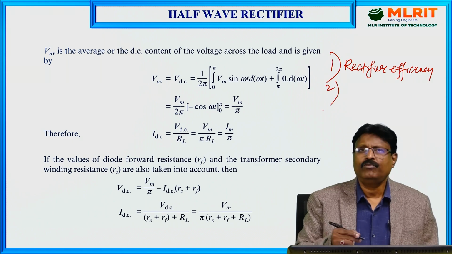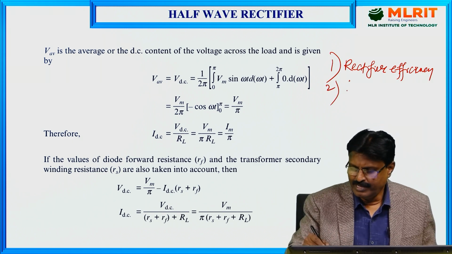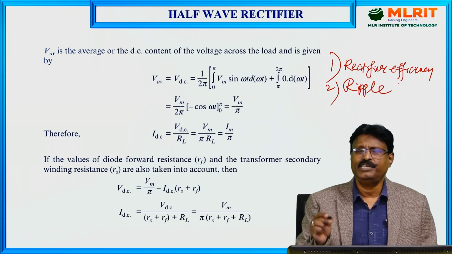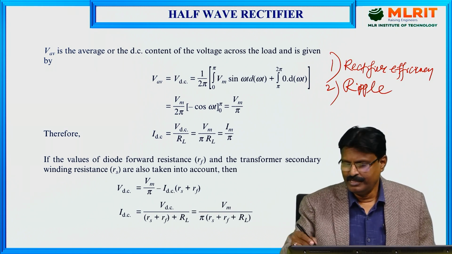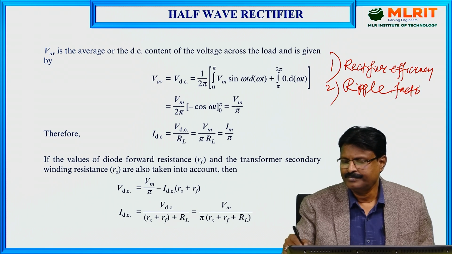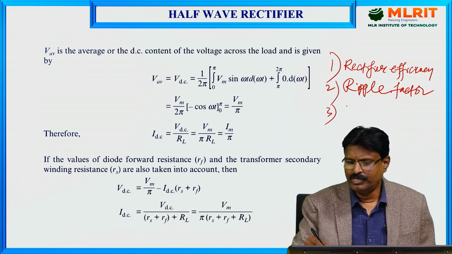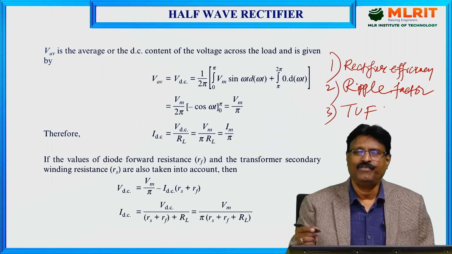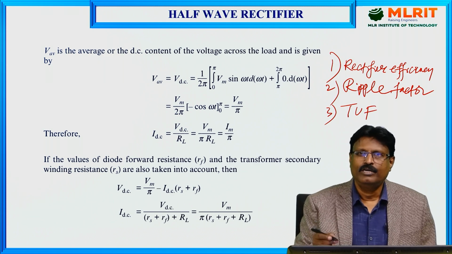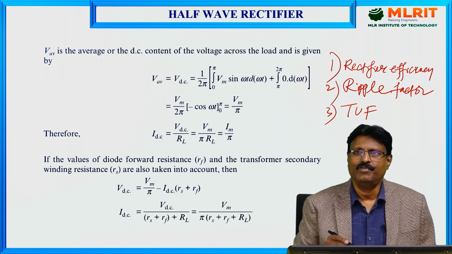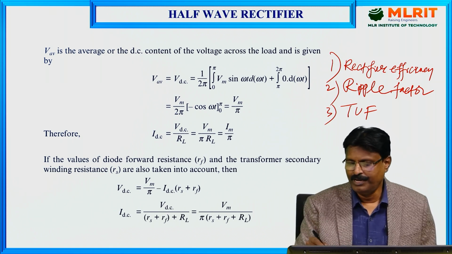Second, I need to calculate the ripple factor. This is a main important parameter that judges the performance of any rectifier. And next one is the TUF, transformer utilization factor: how far the rectifier is utilizing the transformer for the conversion of AC to DC.